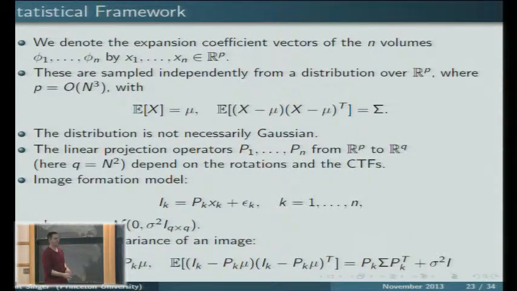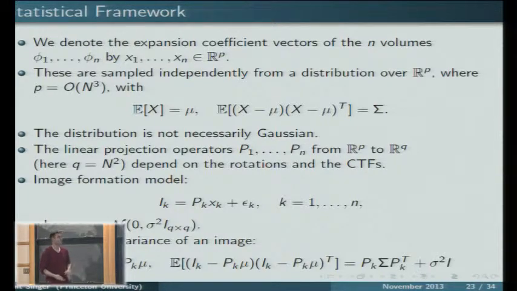Well, we just subtract its mean, multiply by the transpose, and take the expectation. Because noise is independent of the volume, we just add the two covariance matrices: sigma squared I due to noise, and P sigma P transpose due to the variability of the molecule.